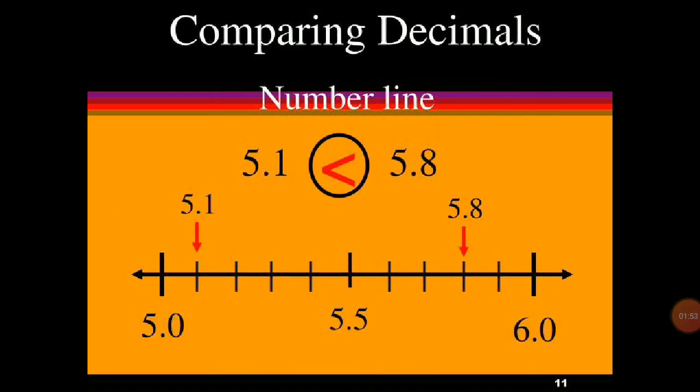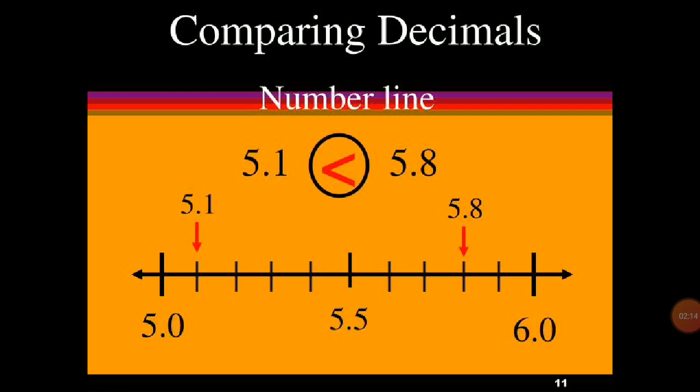Now comparing decimals on the number line. Here the numbers are 5.1 and 5.8. According to the red arrow, 5.1 is indicated and 5.8 is also indicated.